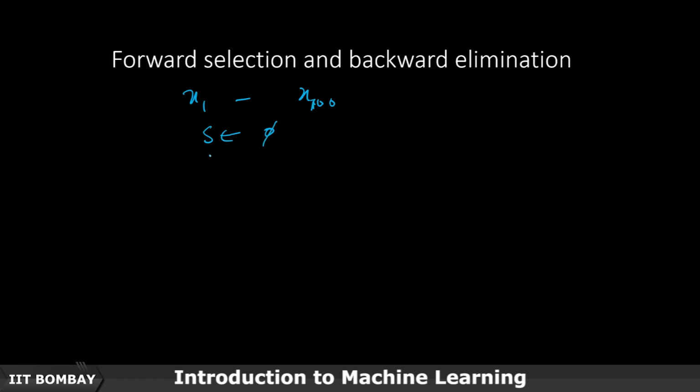So then for i equal to 1 to n, which is let's say less than or equal to 100, we will have another loop in here.